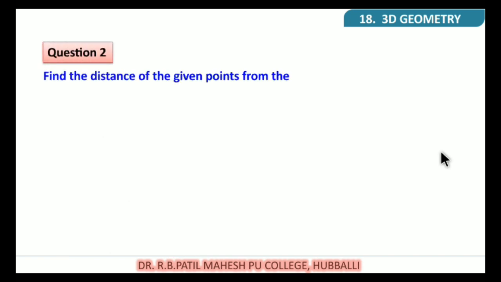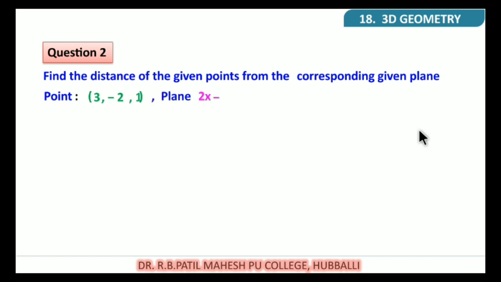Question number 2. Find the distance of the given point from the corresponding given plane. The point is (3, minus 2, 1), and the plane is 2x minus y plus 2z plus 13 is equal to 0. Now let us find the solution.